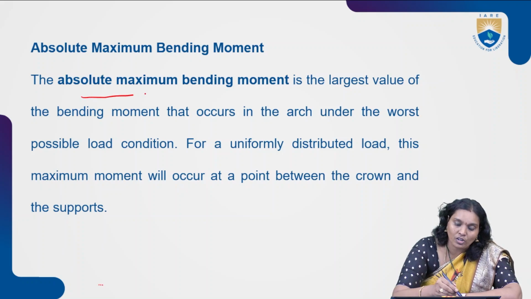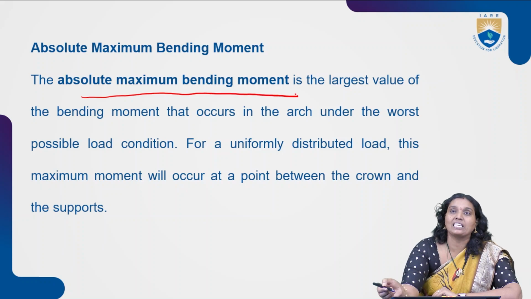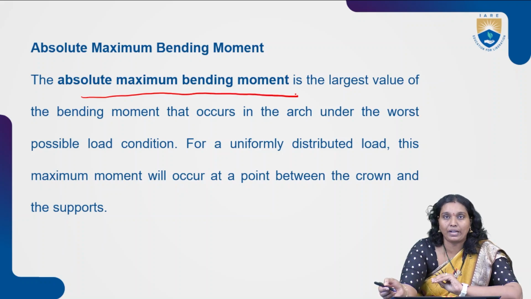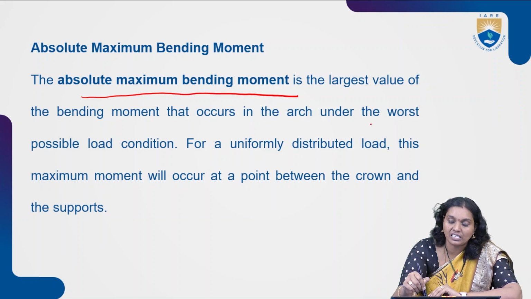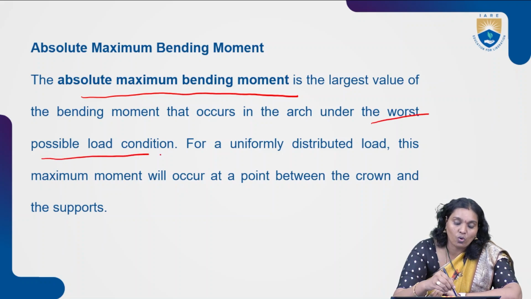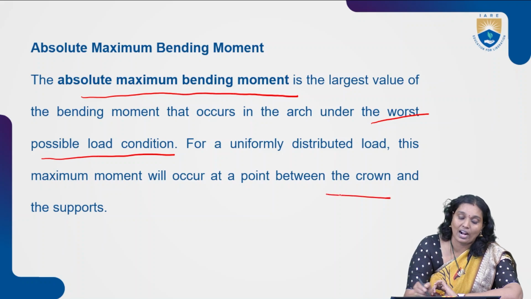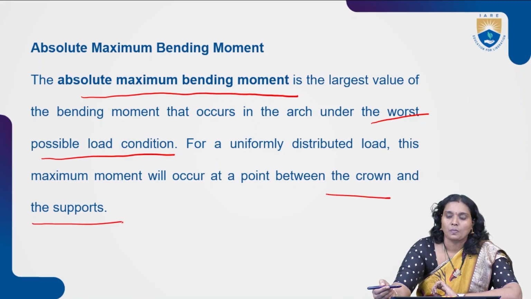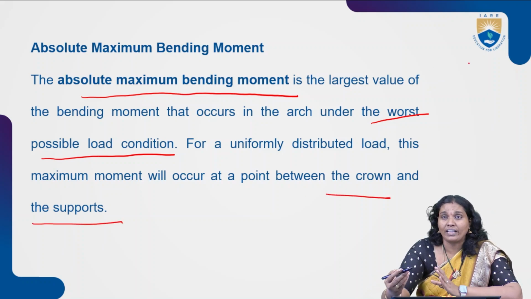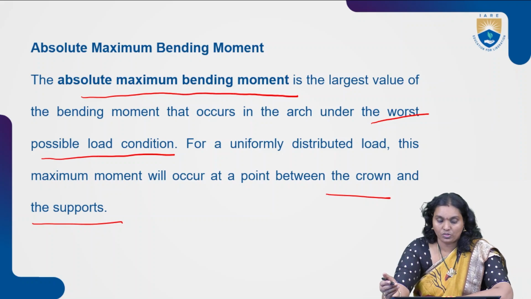The absolute maximum bending moment is the largest value of the bending moment that occurs in the arch under the worst possible load condition. For a uniformly distributed load, this maximum moment occurs at a point between the crown and the supports.